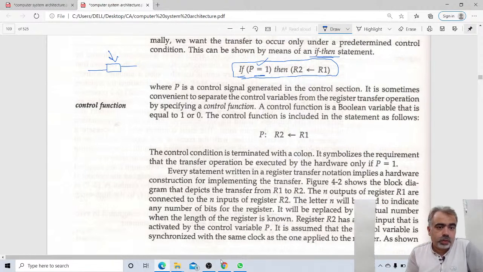This is shortened and written like this: P. If you write P followed by a colon, it means this is conditional. This condition means that only when the hardware gets P equal to 1, then the data is transferred. This is completely understood.